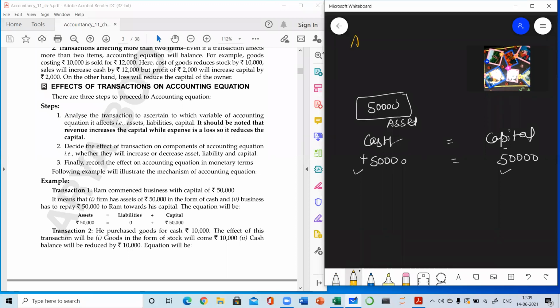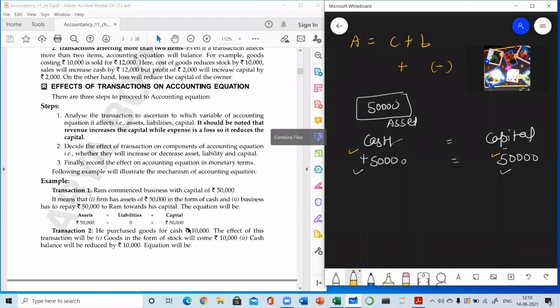Clear? And this is the accounting equation: A is equal to C plus L. A is for assets, C for capital, L for liabilities. So whenever business is started, cash will be increased and on the other side, capital will be increased. When any accounting variable is increased, it means addition. When any accounting variable is decreased, it means subtraction.